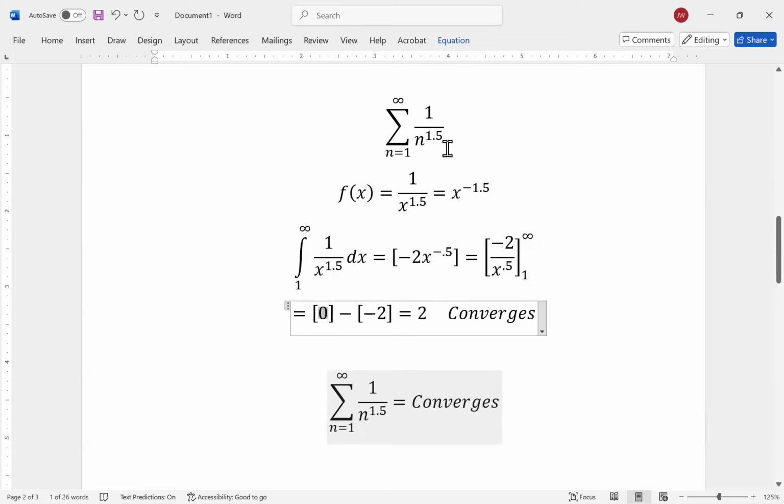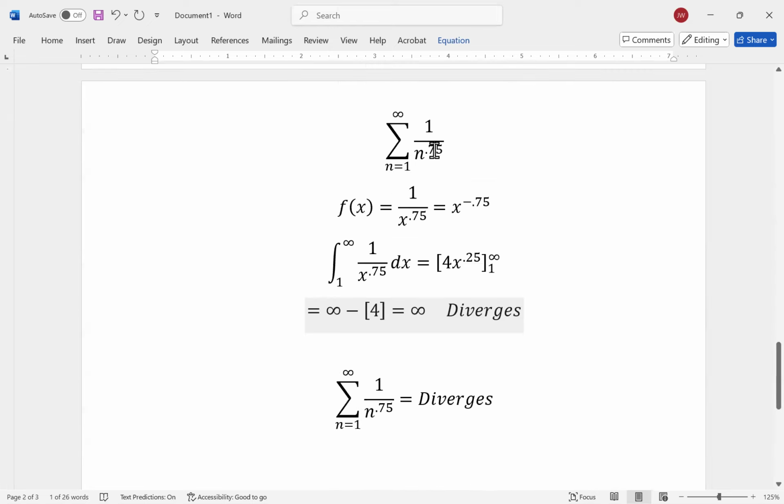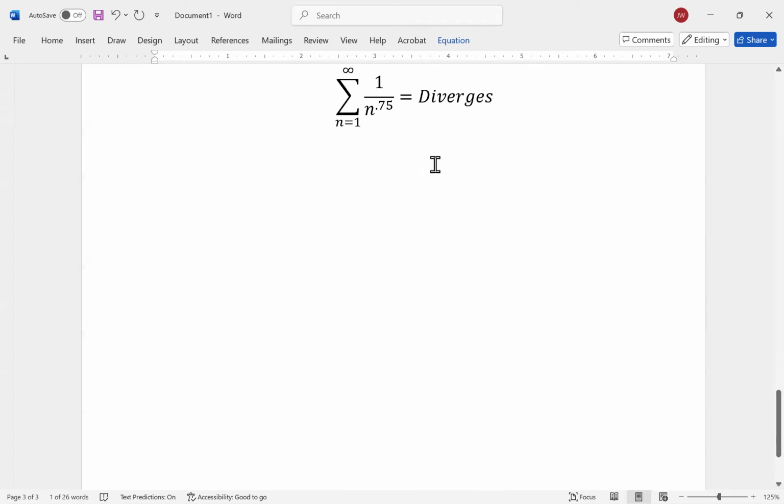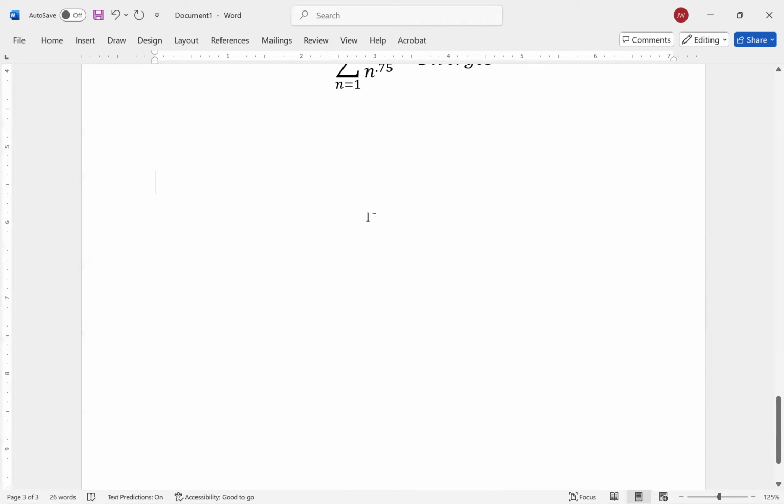So the crux of the matter was: was our exponent bigger than 1 or was our exponent smaller than 1? Now, I went bigger than 1, smaller than 1. Obviously, there's one more option, and that's what happens if our exponent is equal to 1.